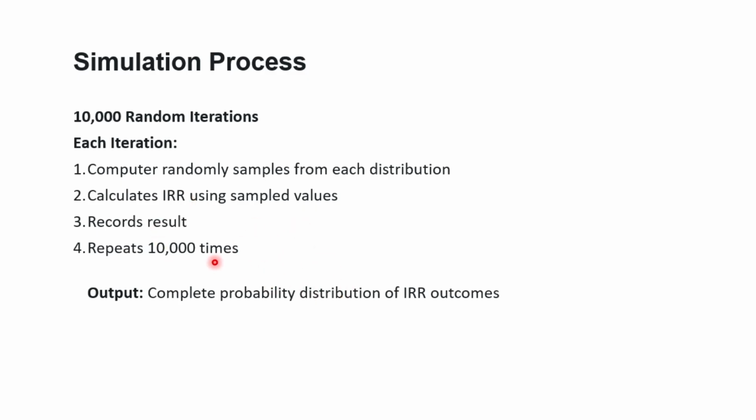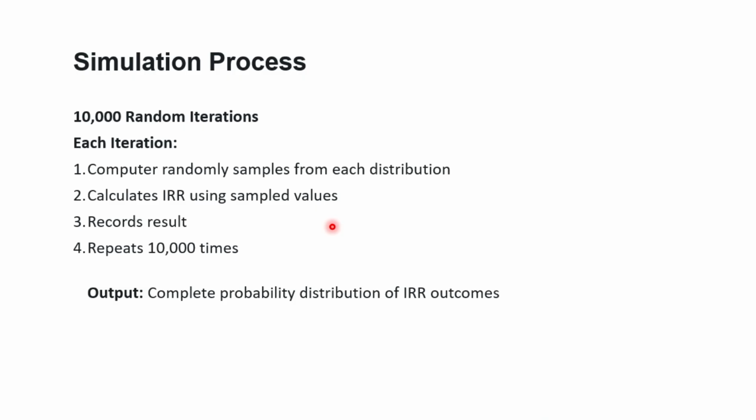With 10,000 iterations, we can explore the complete range of possible outcomes. This process is impossible to do manually, but trivial for computers, and modern software like Excel, R or specialized real estate platforms can run these simulations in seconds.